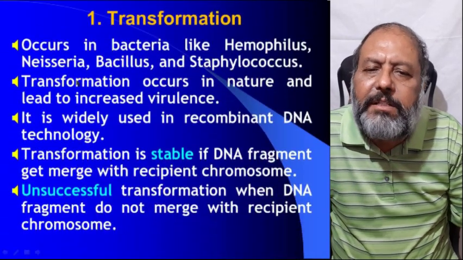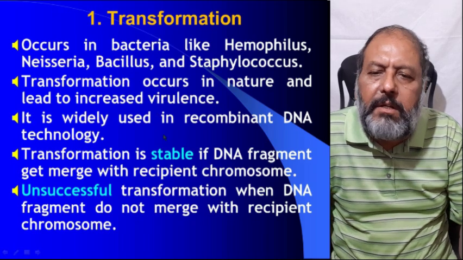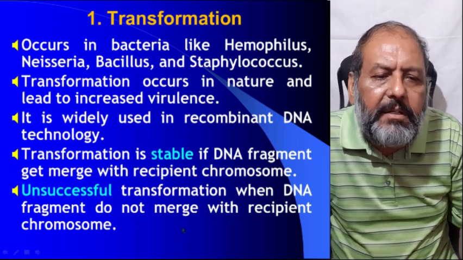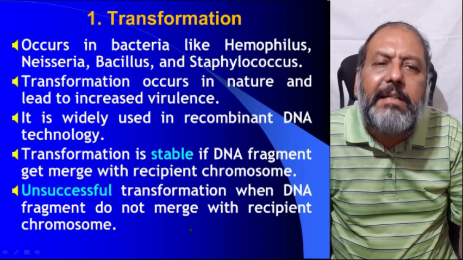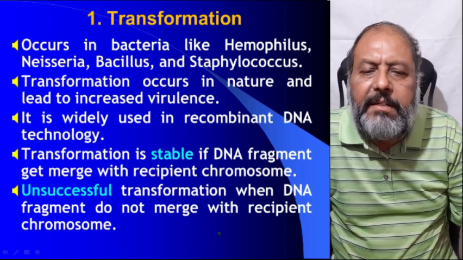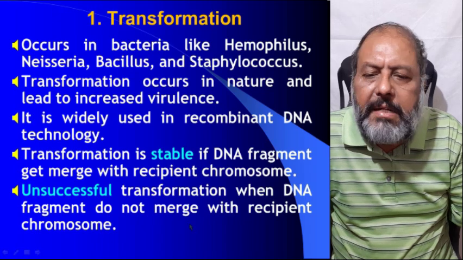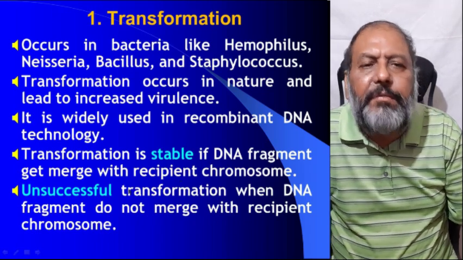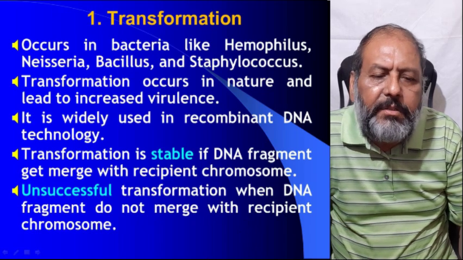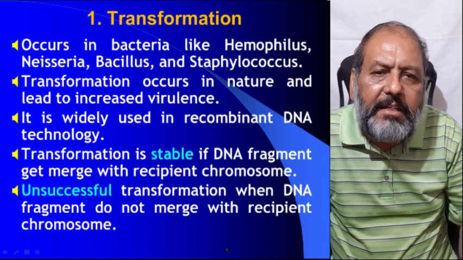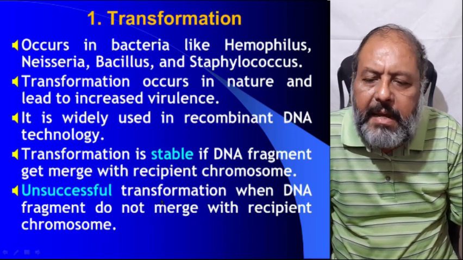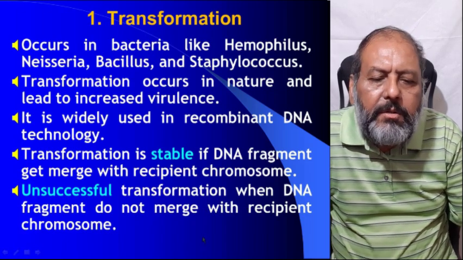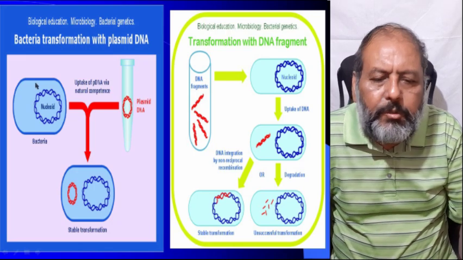Transformation occurs in bacteria like Haemophilus, Neisseria, Bacillus, and Staphylococcus. It occurs in nature and leads to increased virulence, and it is widely used in recombinant DNA technology. Transformation is stable if the DNA fragment merges with the recipient chromosome, as I have already shown in the previous slide. It is unsuccessful when the DNA fragment does not merge with the recipient chromosome.